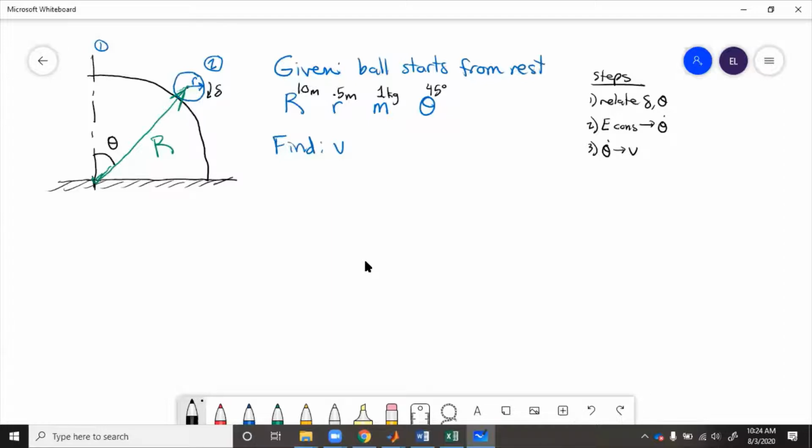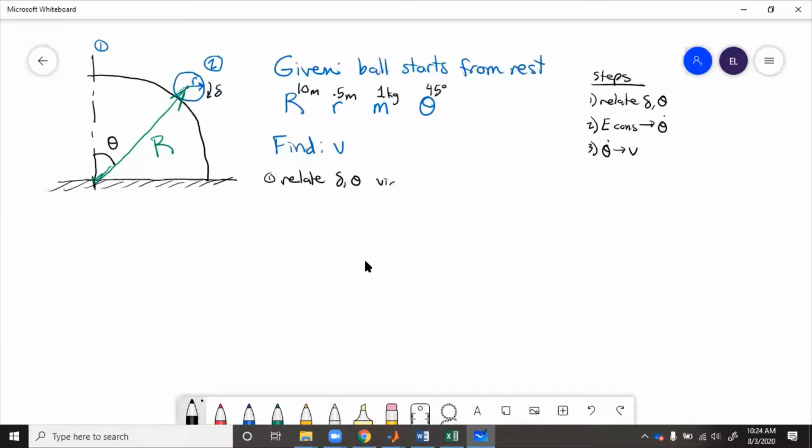Well, we know that this is almost like 2 gears because if the ball does not slip, then the distance that it has spun is related to the arc length that it's traveled through down the hill.